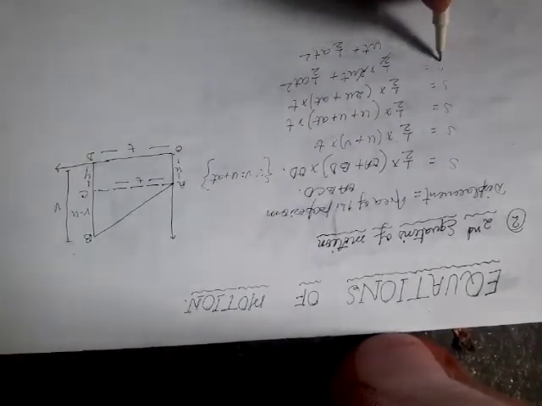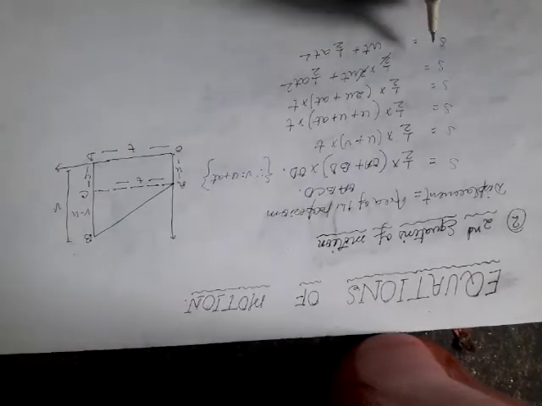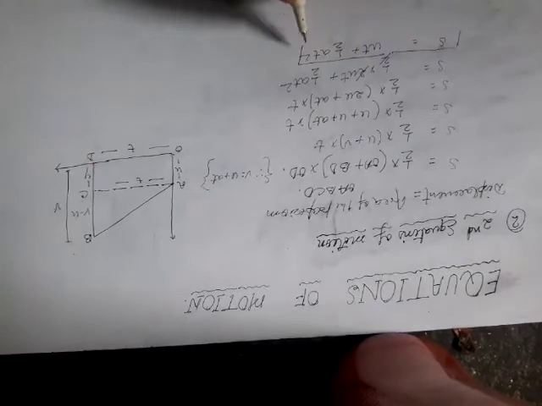So s equals ut plus half at square. This is the second equation of motion.